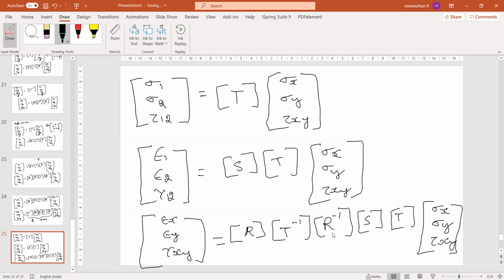Now what is this whole thing called? S bar. You write it as S bar or you put a bar on the top.